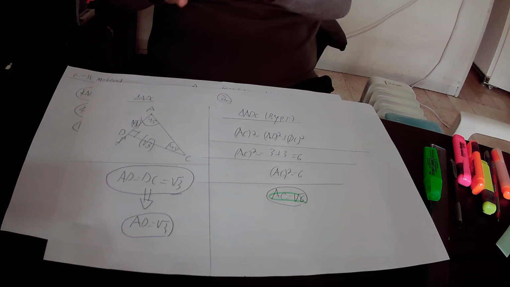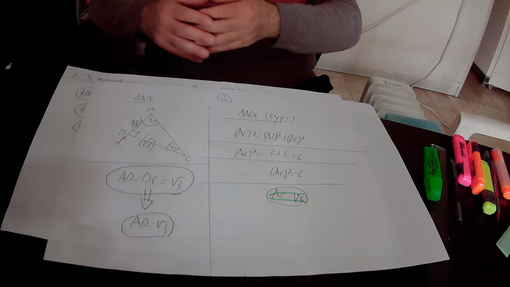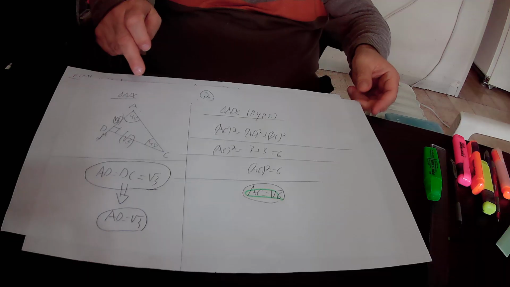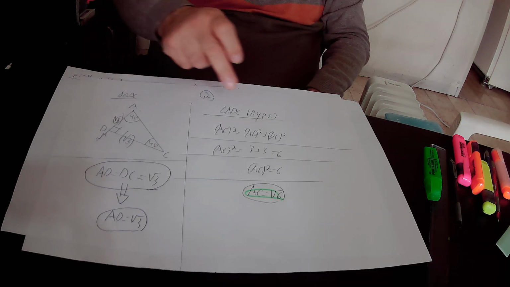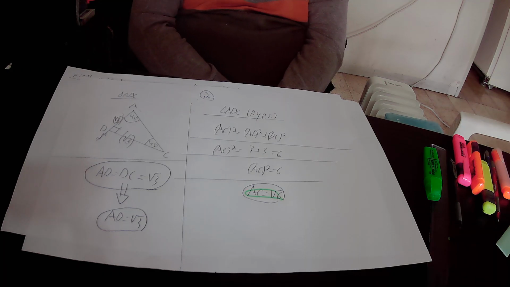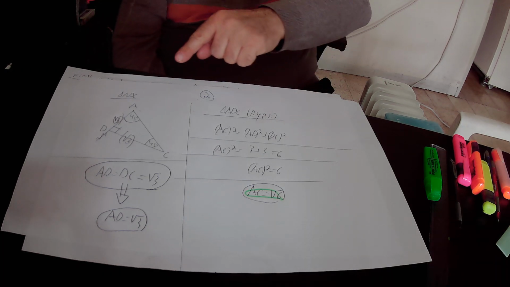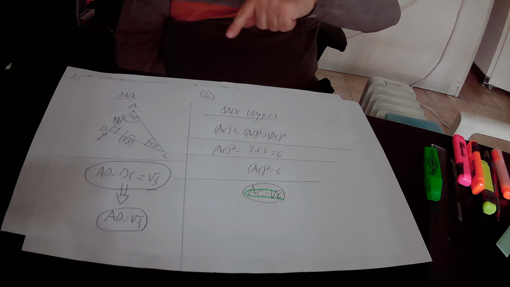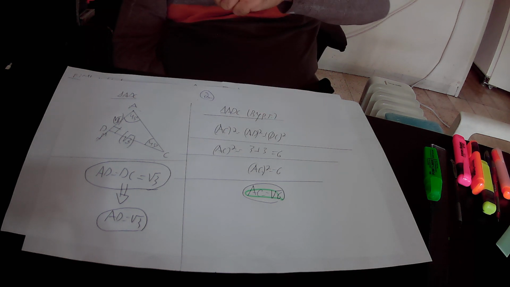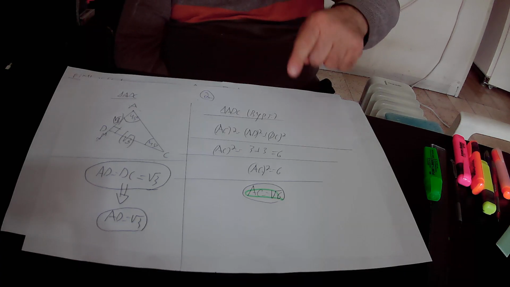We continue to focus on this right triangle, triangle ADC. According to the Pythagoras theorem, in the right triangle ADC, AC squared equals AD squared plus DC squared. So AC squared, that is the square of the hypotenuse, equals AD squared. AD is equal to the square root of 3, therefore AD squared is 3, plus DC squared. DC is equal to the square root of 3, therefore DC squared is also 3.